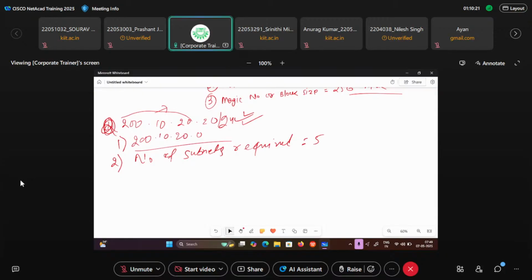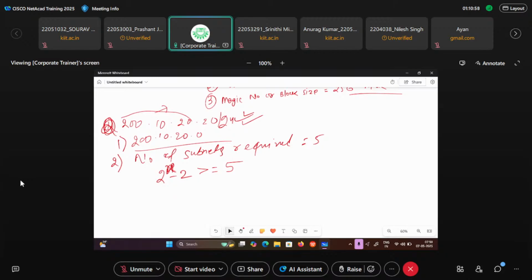Here the formula is: 2 raised to the power n minus 2 should be greater than or equal to the number of networks required. Using x, 2 raised to the power x minus 2 should be greater than or equal to 5.